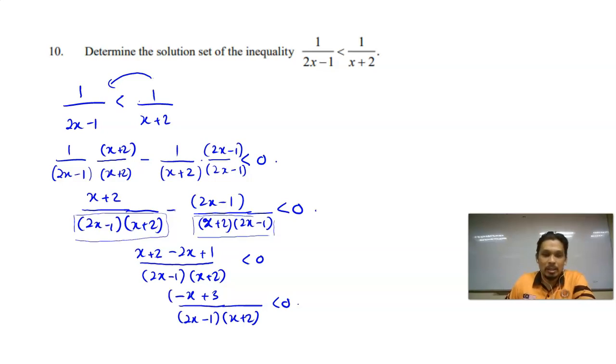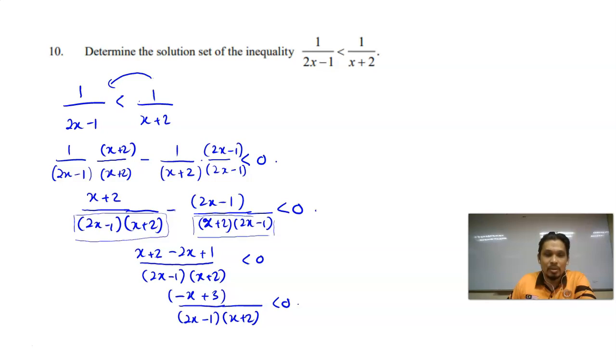So class, if you realize, now we have 3 different linear factors. The first is negative x plus 3. Next is 2x minus 1 and x plus 2, less than 0.